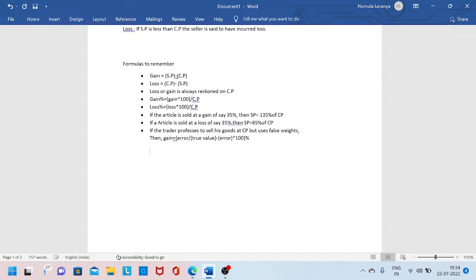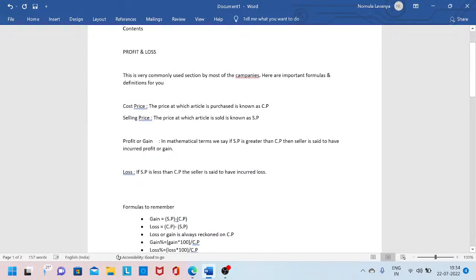So I would like to tell you a few more examples, like we'll go with two examples so that you will definitely get it. This is a profit and loss lesson. Just make sure that you know the formulas, so that whenever you get a sum, it will be very easy for you to do.